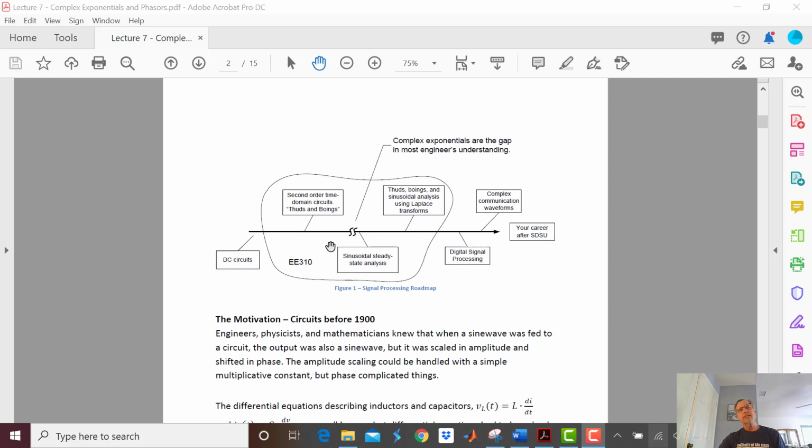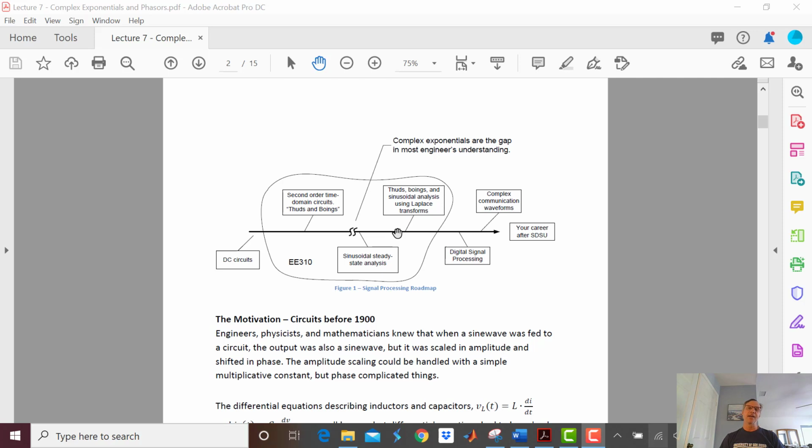But in this timeline, what I've seen in 35 years in industry and as a professor is that complex exponentials are the gap in most engineers' understanding. Because you're hanging on by your fingernails trying to get through EE310, and you're happy just learning that the impedance of an inductor is j omega L and the impedance of a capacitor is 1 over j omega C. That gets you through the final.